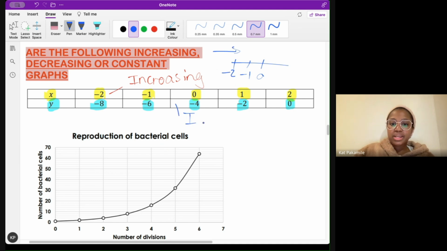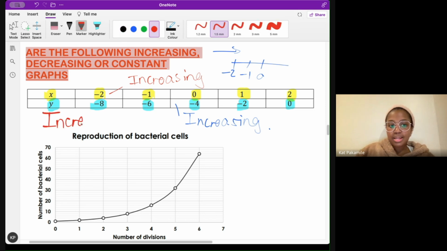I am indeed increasing. This means both my variables are increasing. So is this an increasing graph, a decreasing graph, or a constant function? Which one is it? This is an increasing graph. If both are increasing, then it is an increasing graph. Nice.